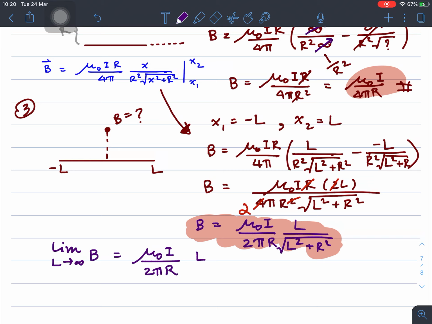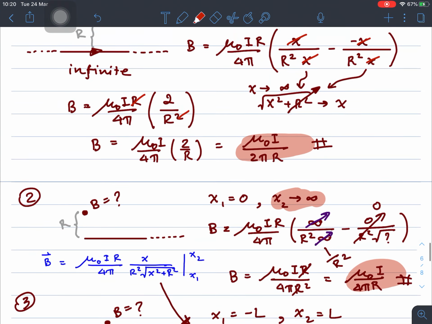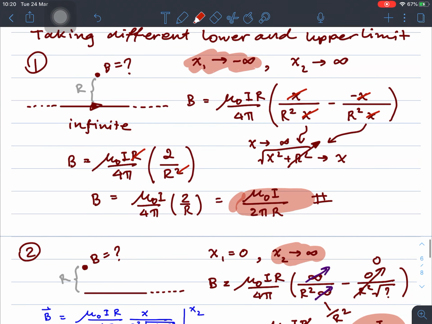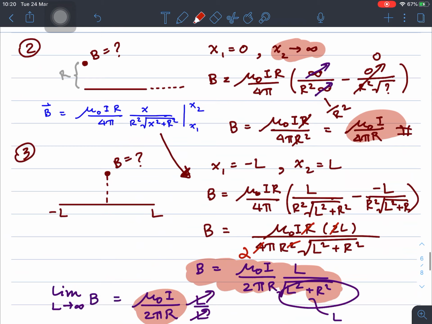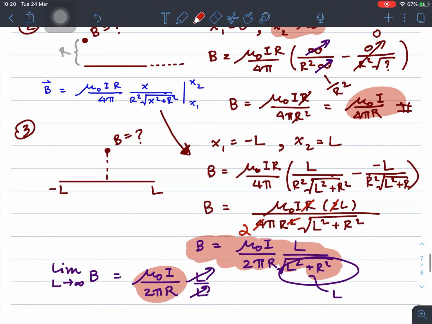Here you just have L over L, because as L approaches infinity, the square root of L squared plus r squared will be just L. You can cancel L with L, and you are going to have mu 0 I over 2 pi r, so it's a similar answer to what you have in case 1. So that is the idea for using Biot-Savart's law with straight lines.